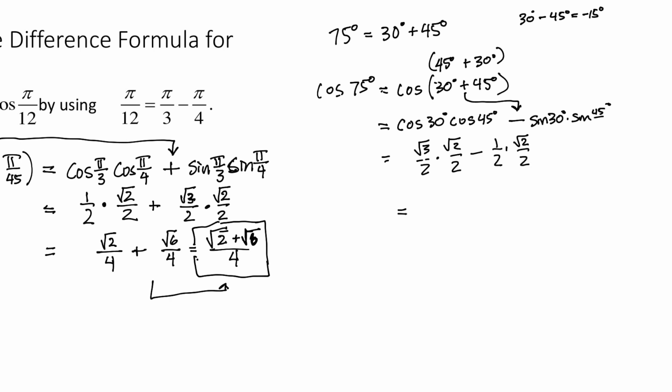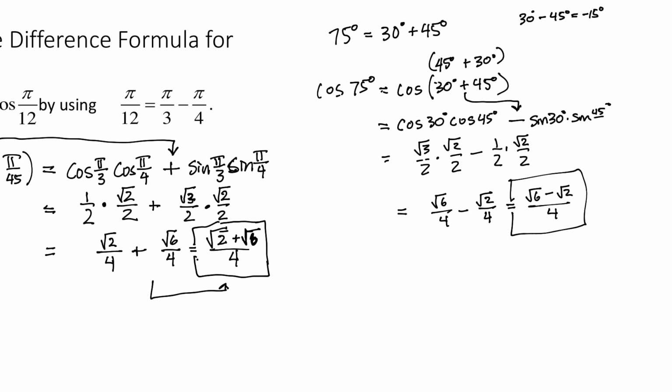And so this gives me square root of 6 over 4 minus root of 2 over 4. Putting that as one fraction, we get root 6 minus root 2 over 4. And that is pretty much simplified as much as possible.